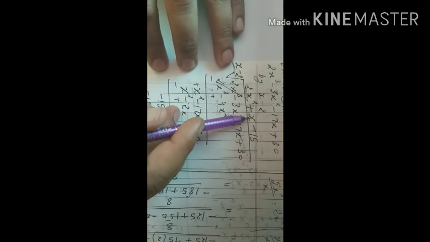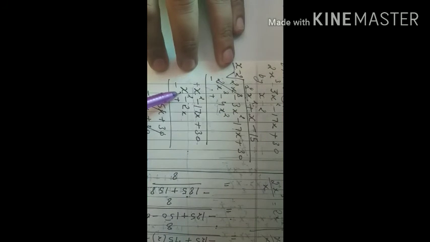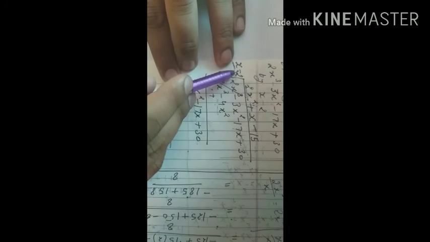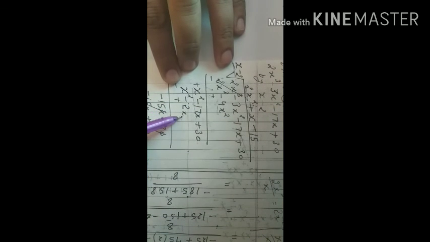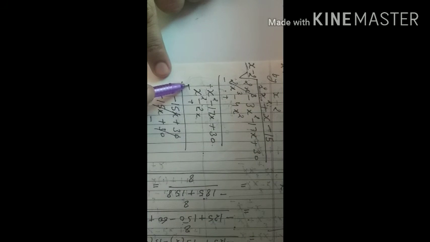Positive x into positive x is positive x square, and x into minus 2 is minus 2x. Clear? After changing the sign, we get negative here and positive here. If positive x square and negative x square, then we can cancel these terms, and minus 17x plus 2x.